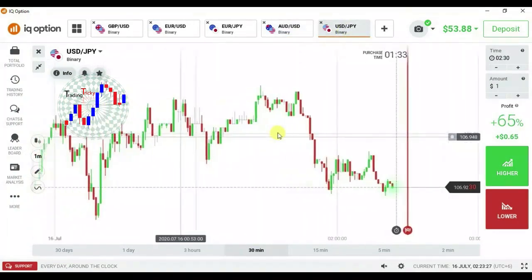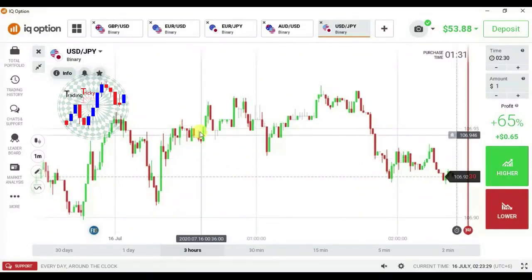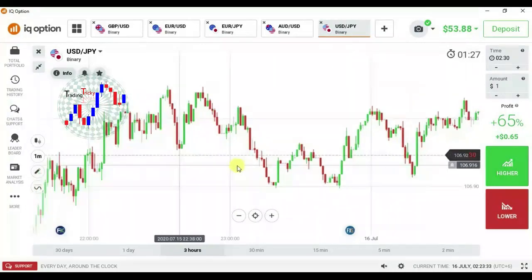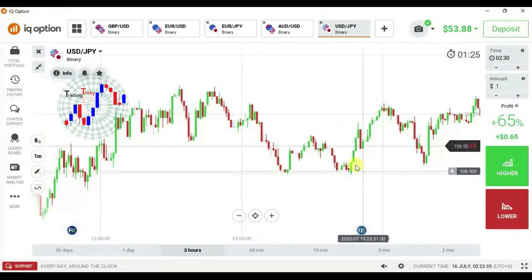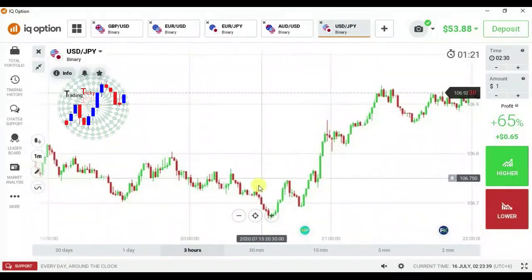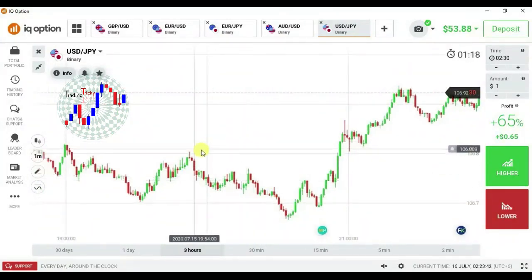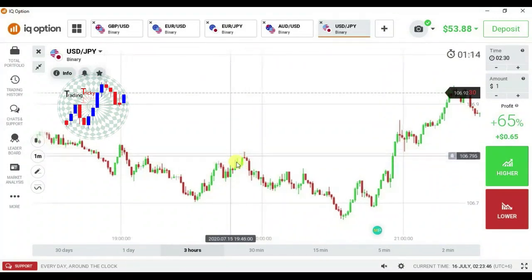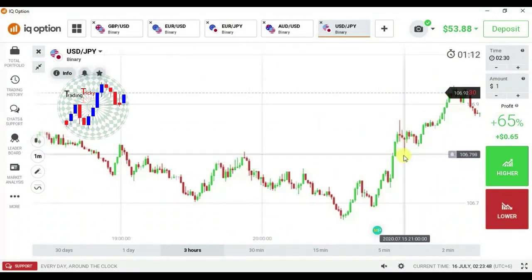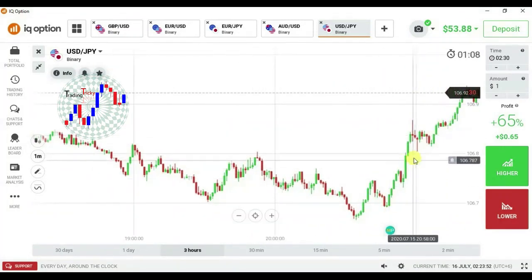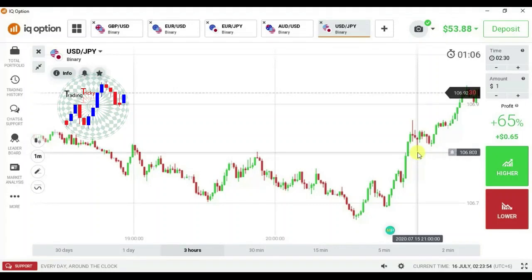And in this pair, let's see, this is a round number, it's working, and here also it worked 2 times. Okay, this is a round number, you can see support, resistance, again resistance, and it's trying, but due to this momentum it didn't reach this level.